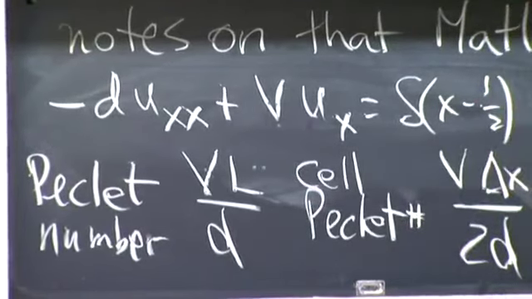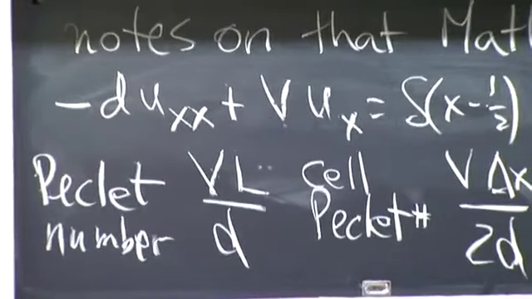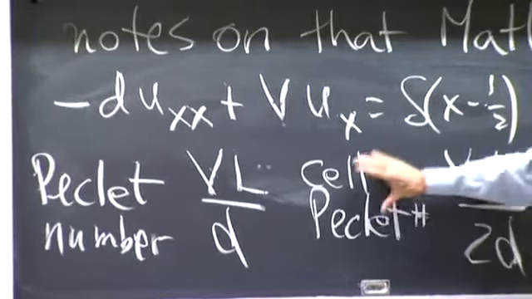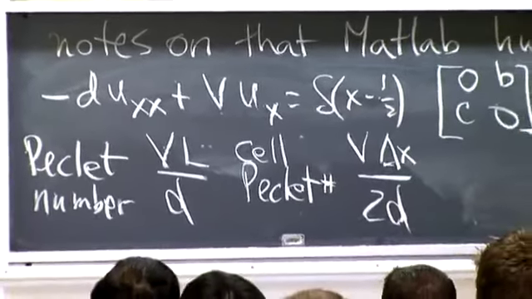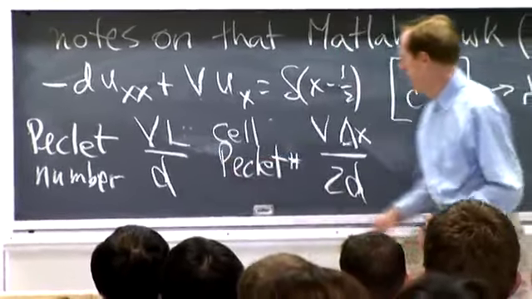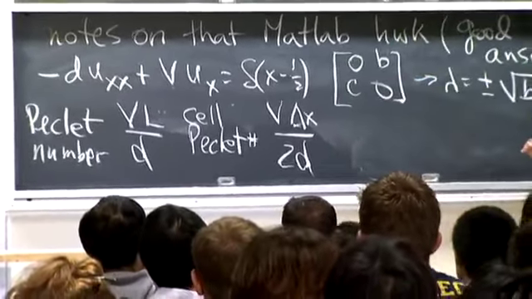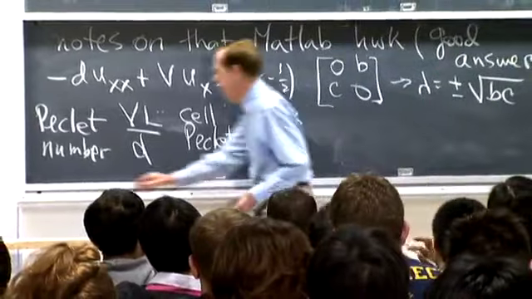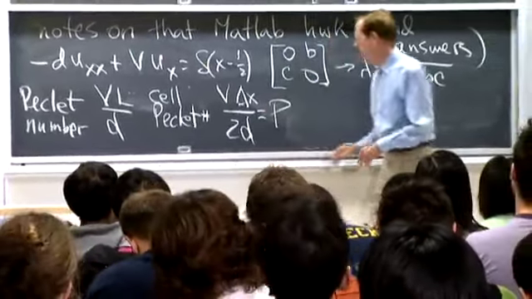And it turned out for this problem that people also use a number that gets called the cell Peclet number, where the length is taken to be half the cell size, delta x over 2. Let me call that number p. And what's my point?